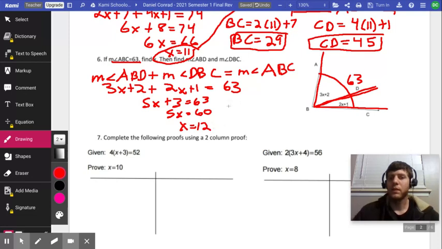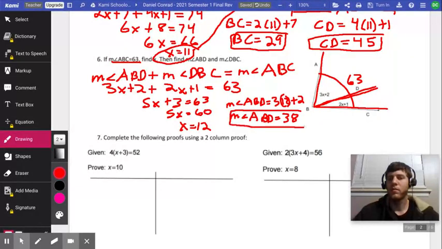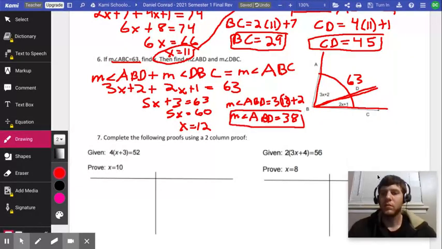Okay, and then we can plug in our values. So the measure of angle ABD is going to equal 3 times 12 plus 2. 3x plus 2, so 3 times 12 plus 2. So the measure of angle ABD, that's 36 plus 2 is 38. Okay. And then we can do the other one over here.